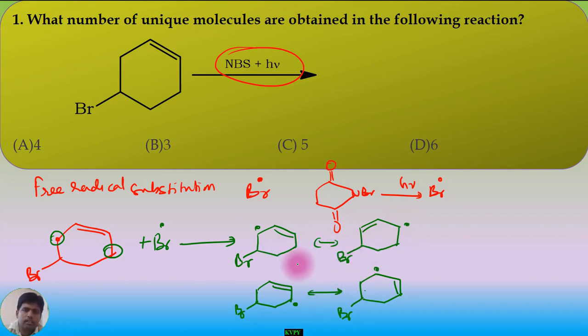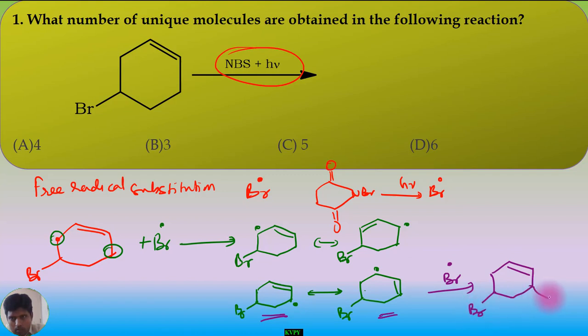So out of four free radicals, two of them will give identical product, that is these two. These two will give identical product. So on bromination, the reaction of another free radical will generate this product. So in case of this free radical also, you get identical product because the relative position is same.